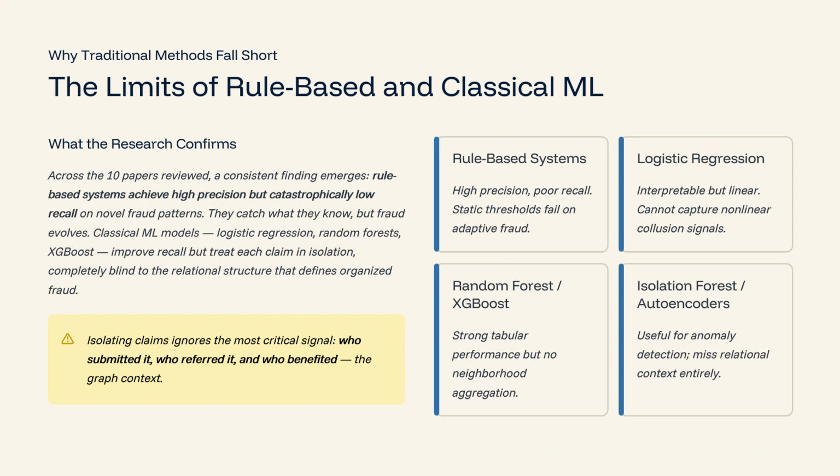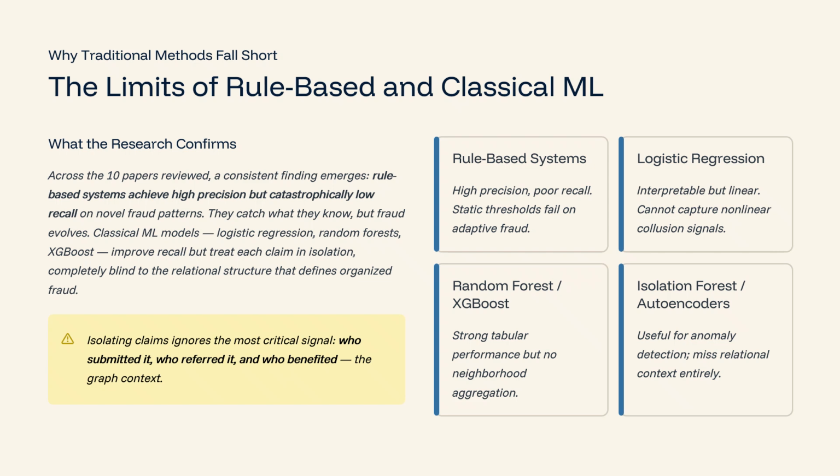So why do traditional methods fall short? Across the articles that I reviewed for this episode, one finding is so consistent that it stops being a finding and becomes a law. Rule-based systems achieve high precision and catastrophically low recall on novel fraud patterns.